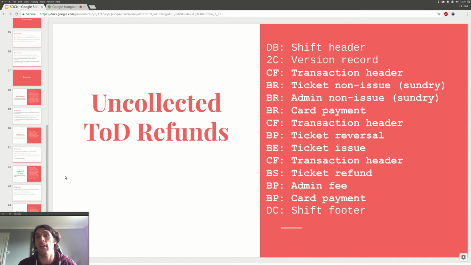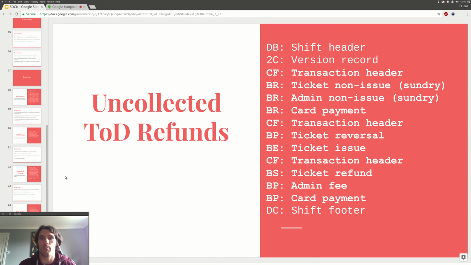Whilst they're sitting there in LSM, the customer has not collected them, they're not yet tickets. So what we do when we're going to refund an order like that is we actually do a virtual issue, and that's the same process that the TVM machine does when the customer comes to collect the ticket.